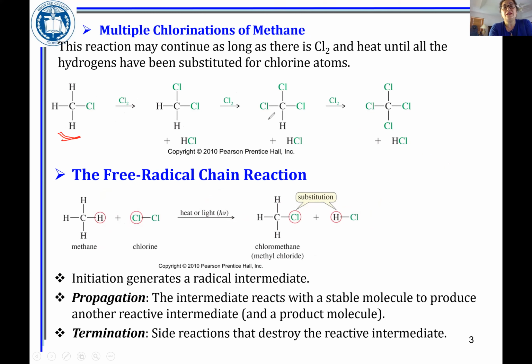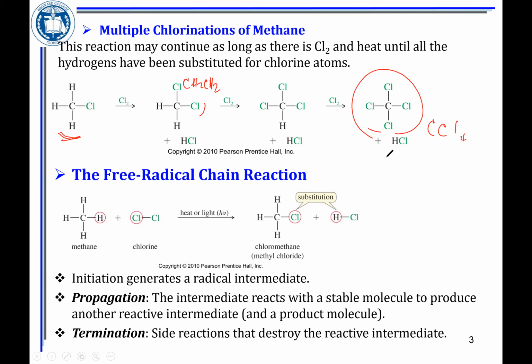As it continues, it's going to give you dichlorinated product, trichlorinated, and tetrachloromethane, or carbon tetrachloride. You have CCl4, carbon tetrachloride, and methylene chloride here, CH2Cl2. So you have the possibility of 4 different products.